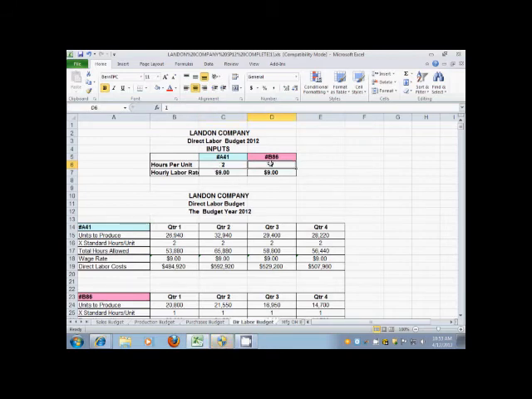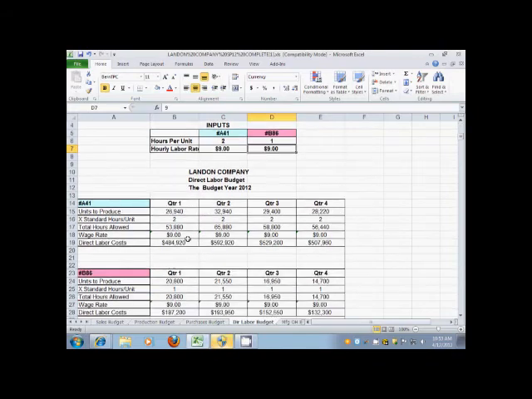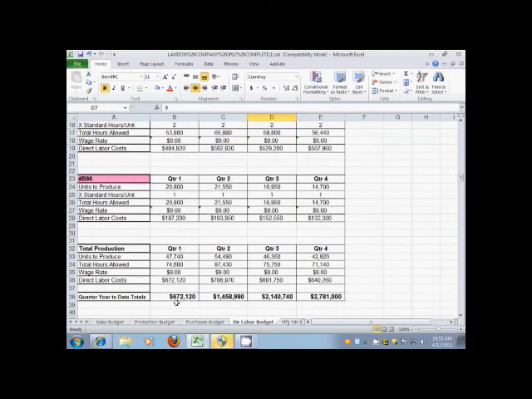So the labor budget is very easy to compute. You're just doing some basic multiplication. And in this case, we find our labor per quarter, as you see here. And as in many of the budgets that I've shown you, it also is going to present year-to-date information.